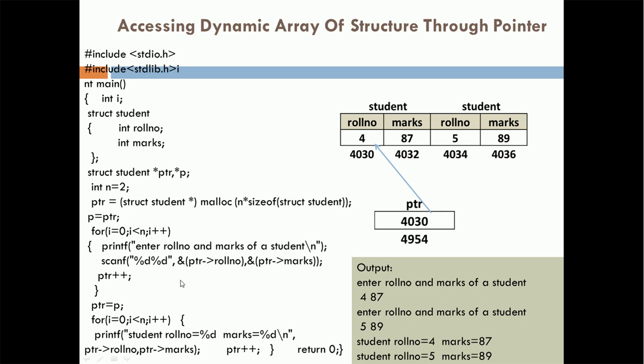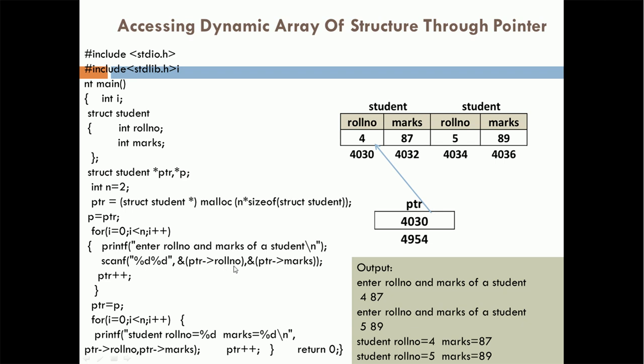So definitely the value of ptr will be 4034 now, so it will point to the second array element. So the field roll number of the second array element will be pointed by ptr.